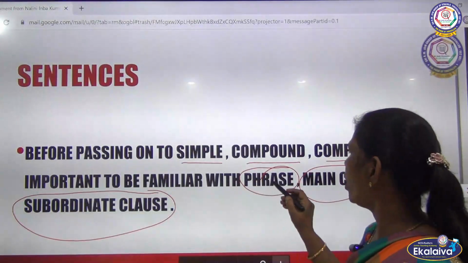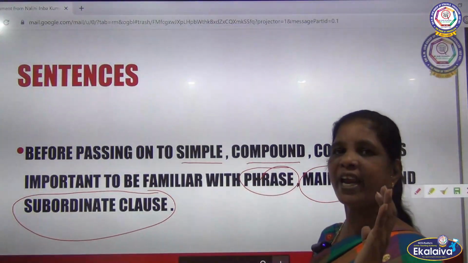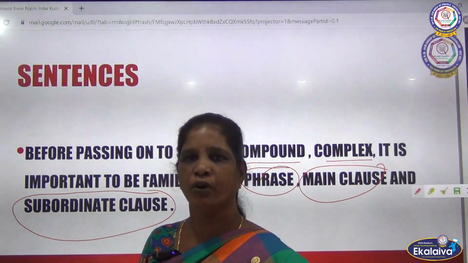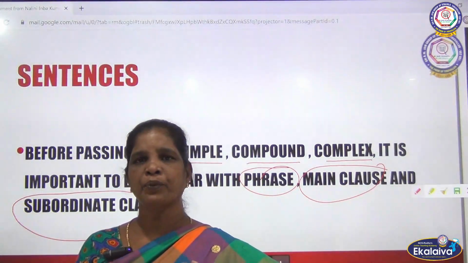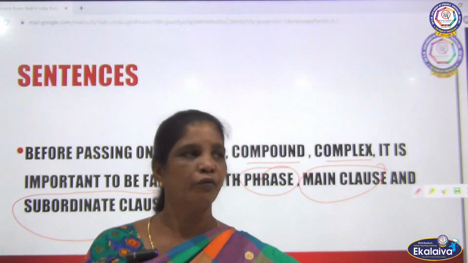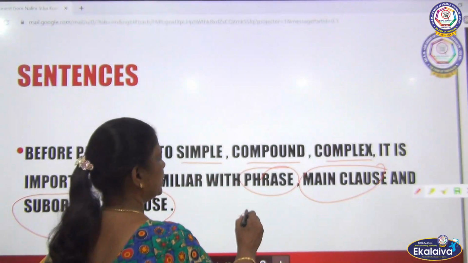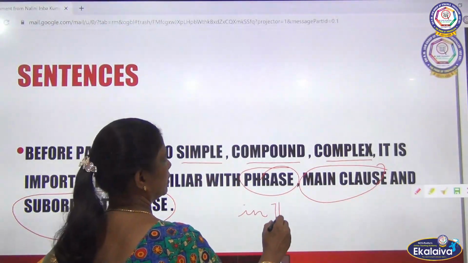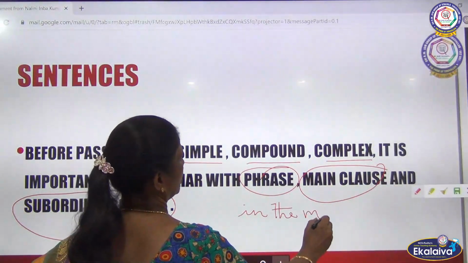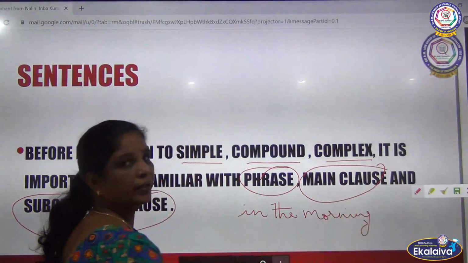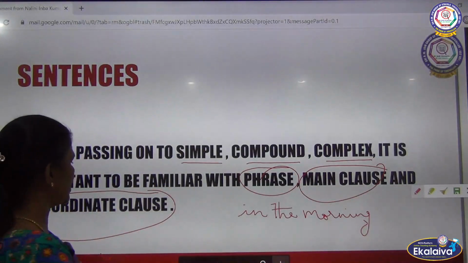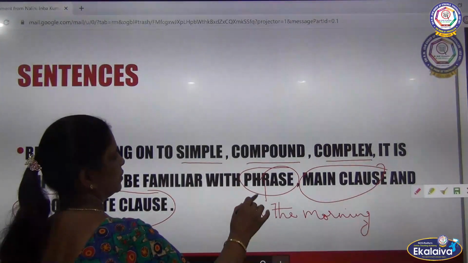So here, what is a phrase? A phrase is a group of words which gives meaning, and it will not have a verb. For example, in the morning. In the morning, so it is called a phrase.